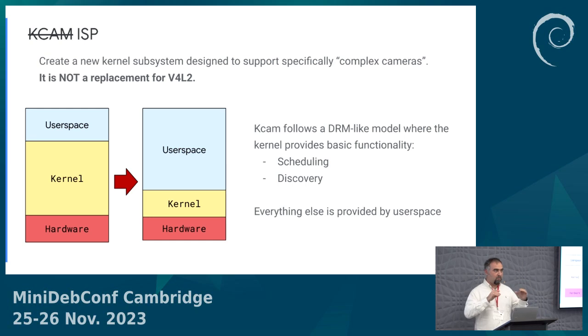We want to put all the complexity, instead of in the kernel, in user space. So we want something like Mesa, which does all the complicated stuff, and the kernel should be as simple as possible, and also it should be pretty specific for that hardware. We cannot have a common API for every single device because every device is different.